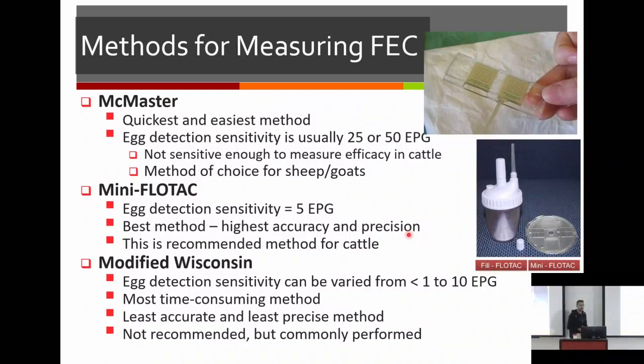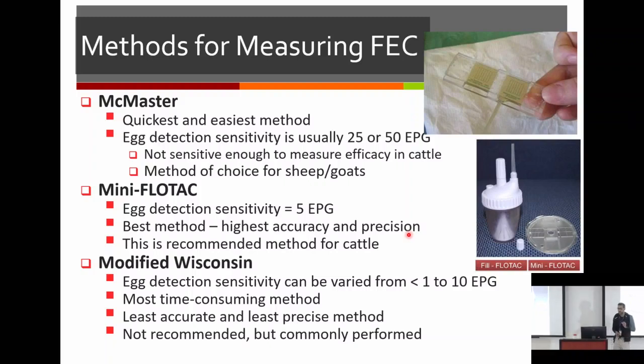So the methods for measuring the fecal egg count. McMaster, you will perform the McMaster a week after next in the lab. It is the easiest and quickest method, and it is a method of choice for sheep and goat.